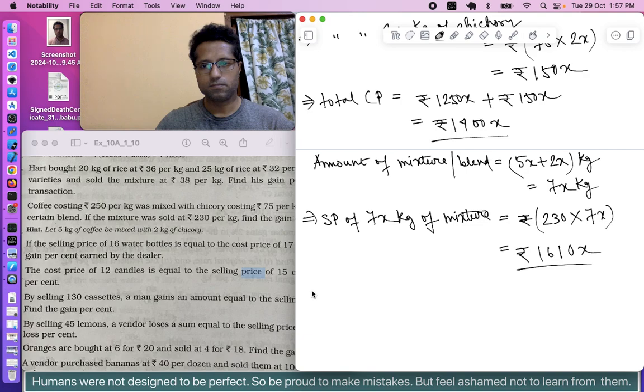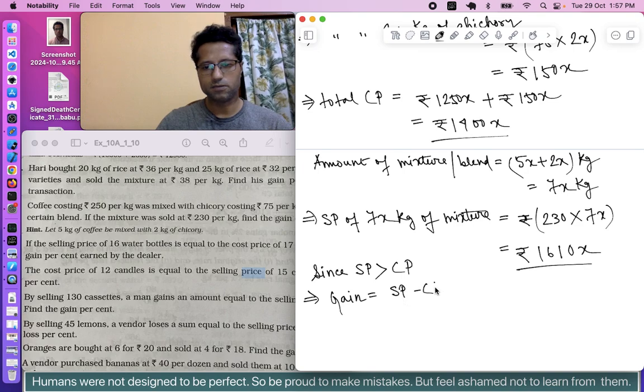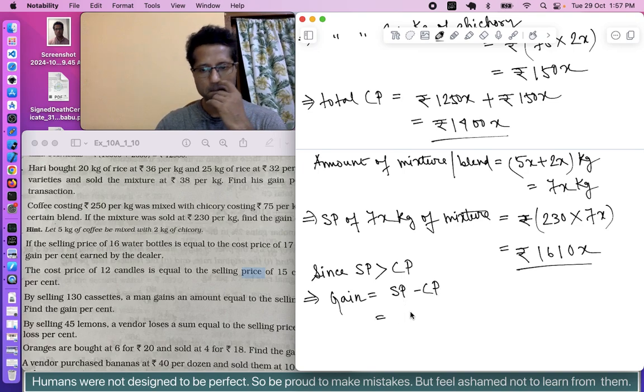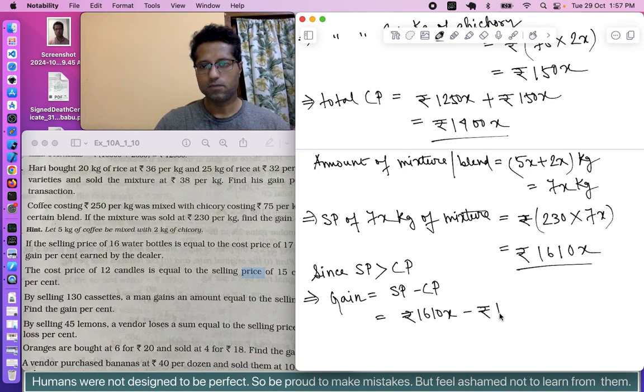Now definitely 1610x is greater than 1400x. Since the selling price is greater than the cost price, this implies gain is equal to selling price minus cost price, which is rupees 1610x minus rupees 1400x.